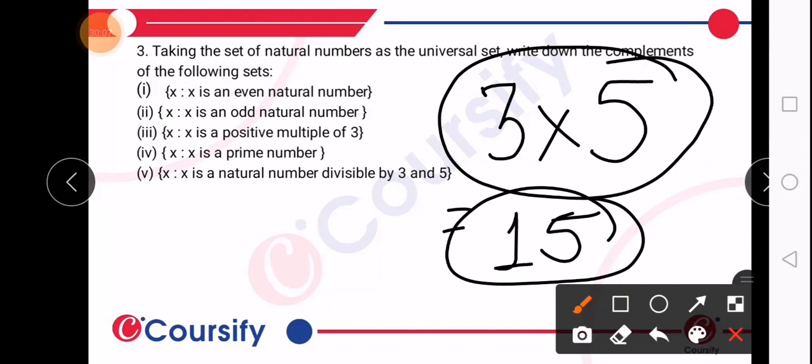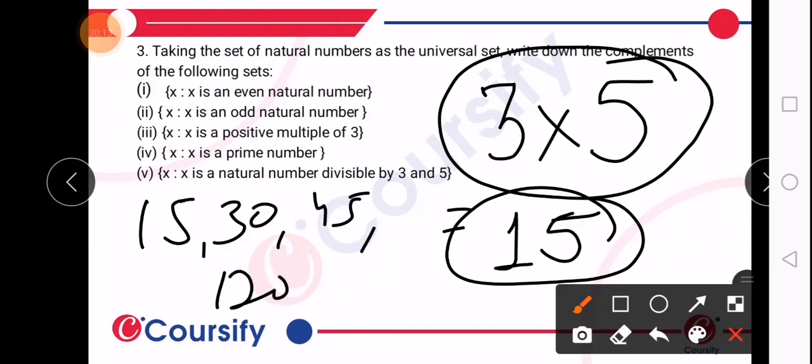Which means you are looking for the table of 15, that is 15, 30, 45, 120, 150, and so on. Any such number which is a multiple of 15 is a natural number divisible by 3 and 5.